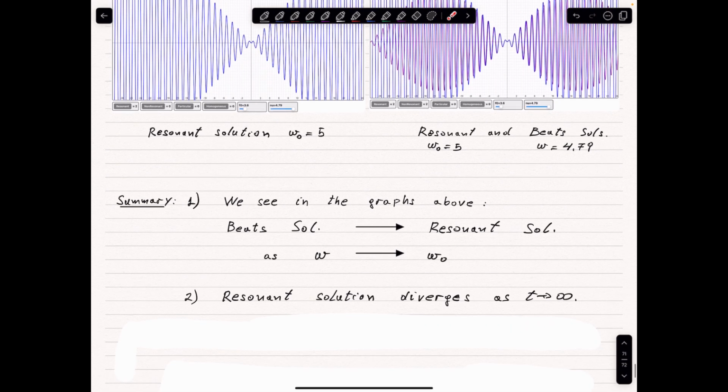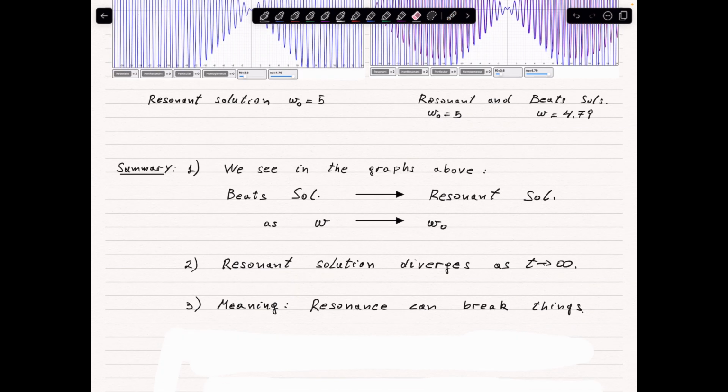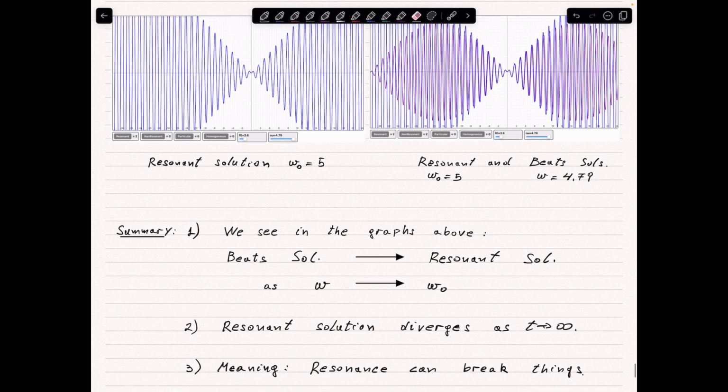So what is the meaning of that divergence in time of the amplitude of the solution? Well, resonance is going to break whatever system you are describing. So when the driving frequency is exactly the same as the natural frequency, the system starts oscillating until it breaks.